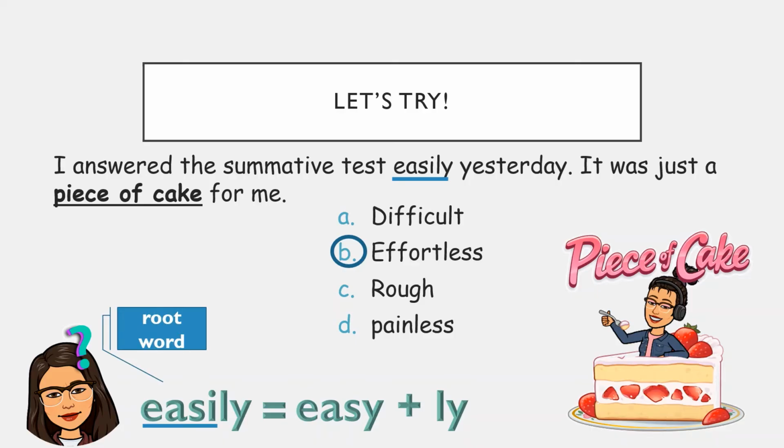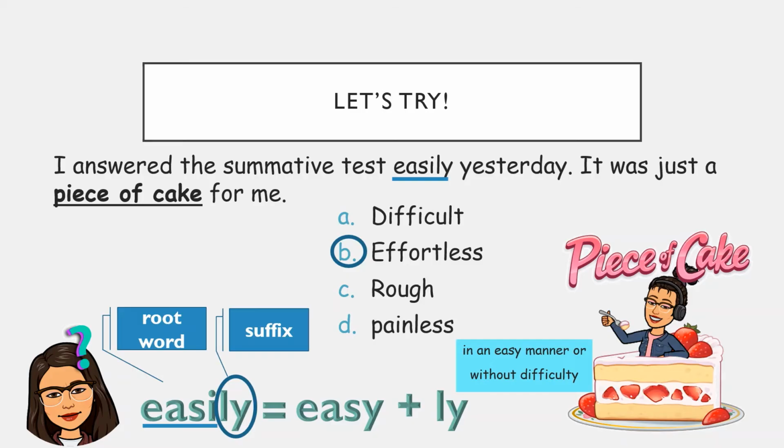So we have here easy as the root word, and ly is called a suffix. And then if you're going to take a look, easily means in an easy manner or without difficulty. So it simply means that piece of cake is when you're making something effortless or with less effort.